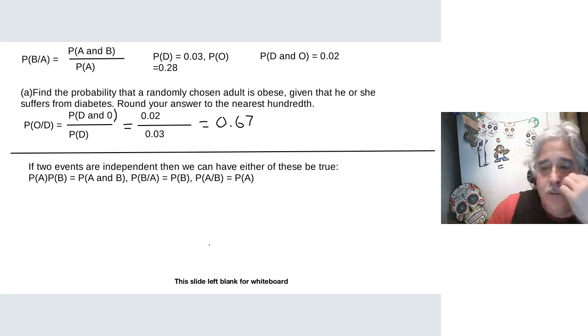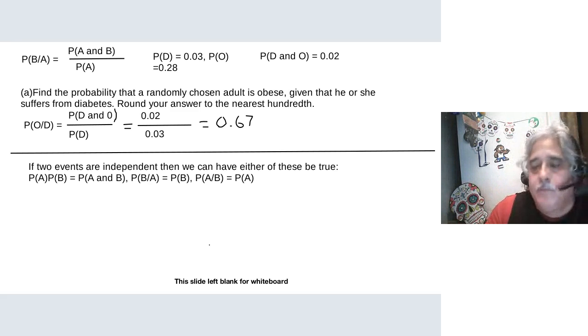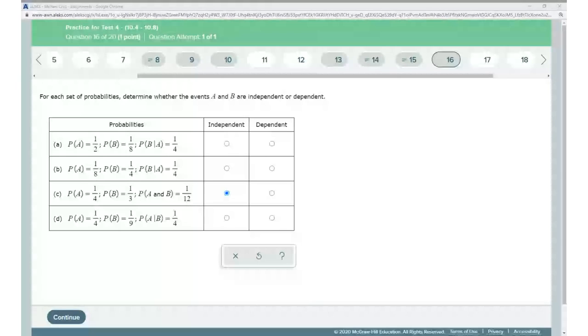So we're given here, oops. We've already done that first one, so then we're going to look at one of the other two. On this one, the probability of B given A should be equal to the probability of B if these are independent.